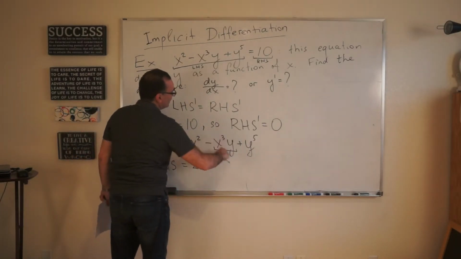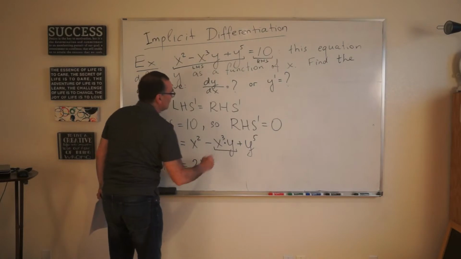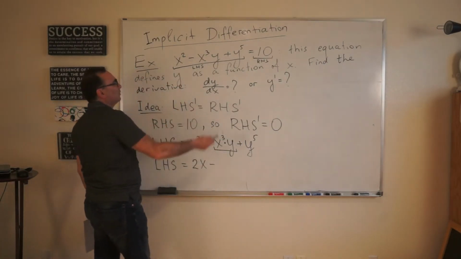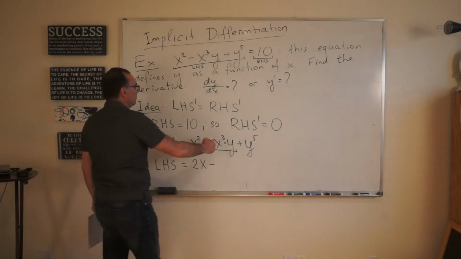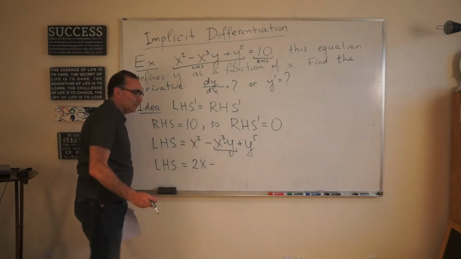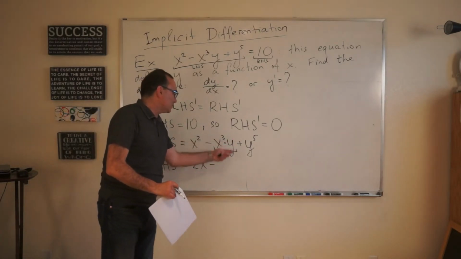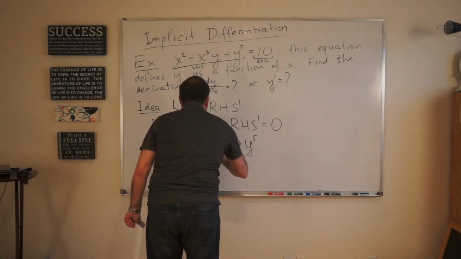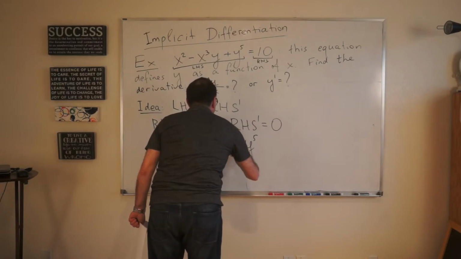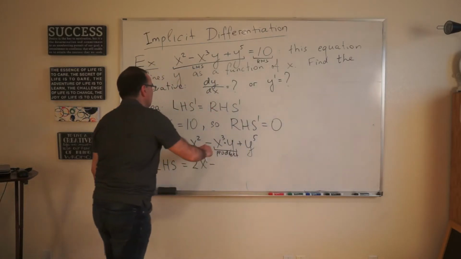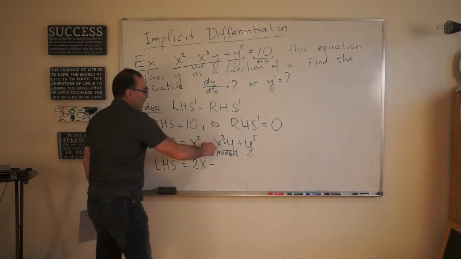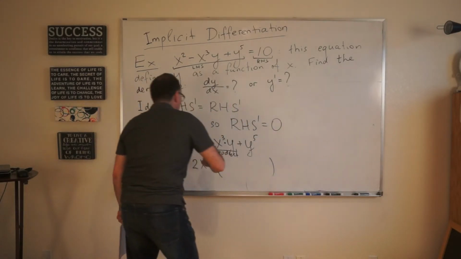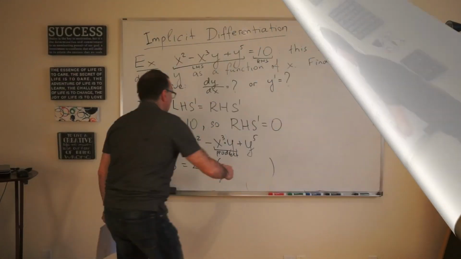Now to calculate the derivative of this x cubed times y, we need to remember that y is actually a function, even though we don't know the formula for this function, but it is a function, and so we have a product of two functions, like x cubed times y, and because it's a product, we have to use product rule. And since there is a minus in front of the product, that same minus will stay in front of the product rule.